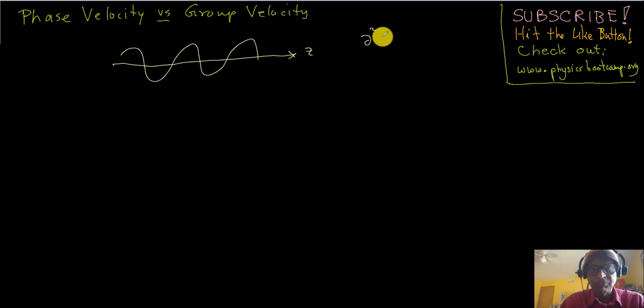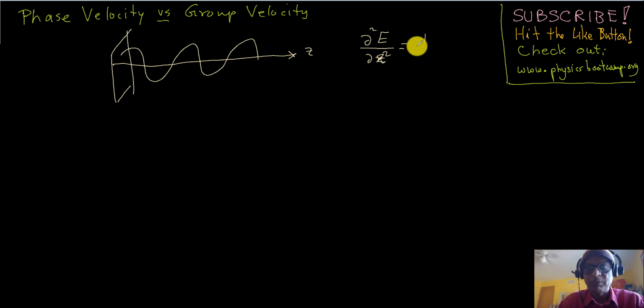It's really a partial differential equation, and it may have an x component, a y component, but that's the only one that will be non-zero. So the electric field points in one direction. I'm just going to use a scalar: d squared E over dz squared, because it's going to go along the z direction, equals 1 over v squared times d squared E over dt squared. So this is the wave equation, right?